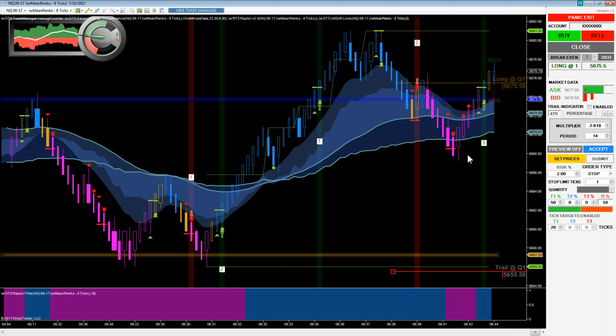You could add another position here, bring in your stops so that your overall risk remains the same or approximately the same. You do have more options to you when you are trading more than one contract.